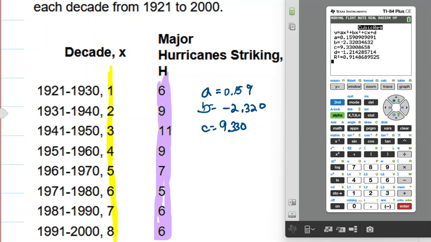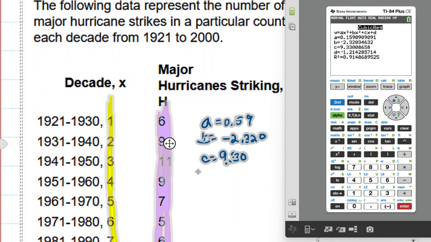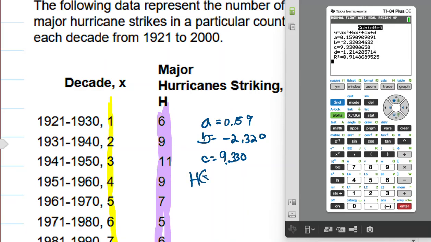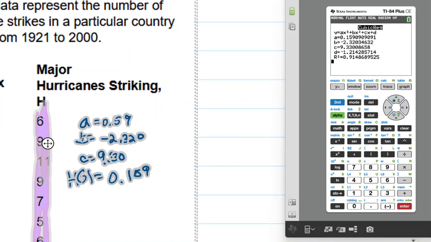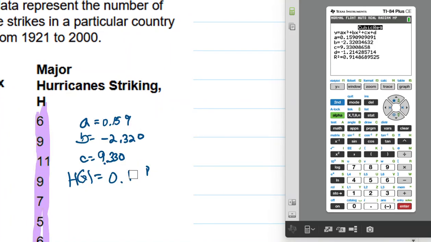Now remember, my eyes are bad. So this guy translates to h of x, and it's going to be 0.159. Sorry about that. Can't see my 5.